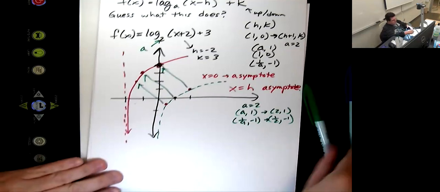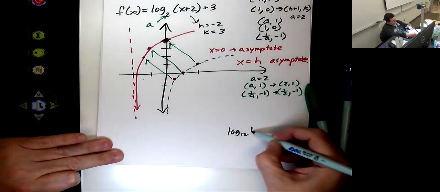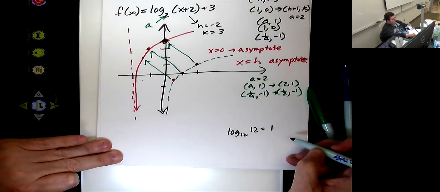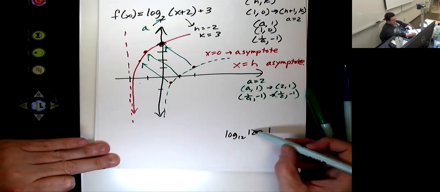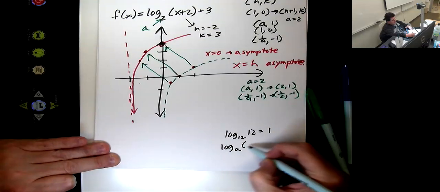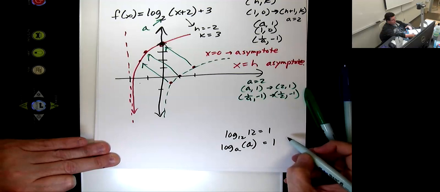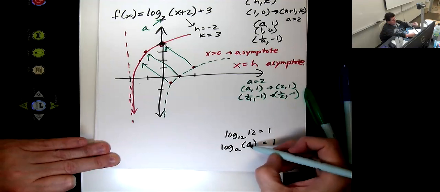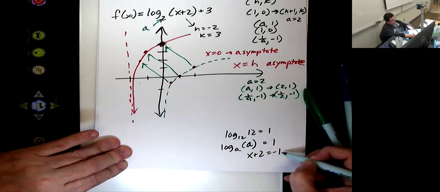Part of it comes from, remember we saw, we had log 12 of 12 equaled 1. So when, like, the inside of log base a matches the base, the right side is 1. So a here is x plus 2. x plus 2 equals 1.